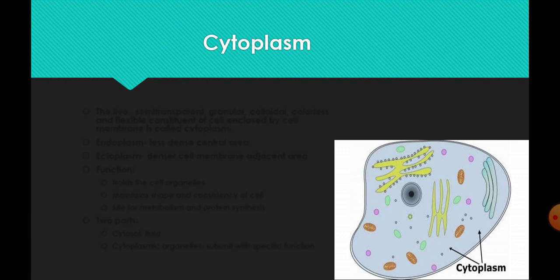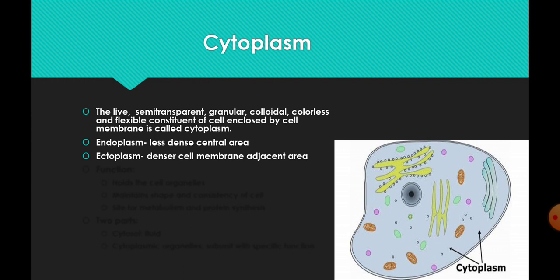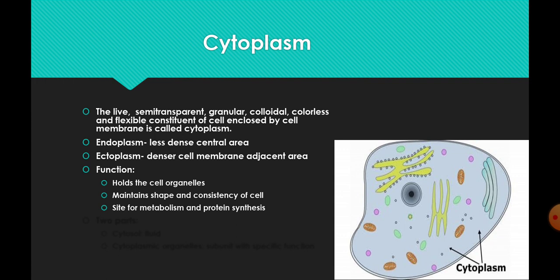And next, inside the plasma membrane there is cytoplasm. Cytoplasm is the live, semi-transparent, granular, colloidal, colorless, and flexible constituent of the cell enclosed by the cell membrane. Cytoplasm is divided into two parts: endoplasm, the less dense central area, and ectoplasm, the denser area adjacent to the cell membrane.